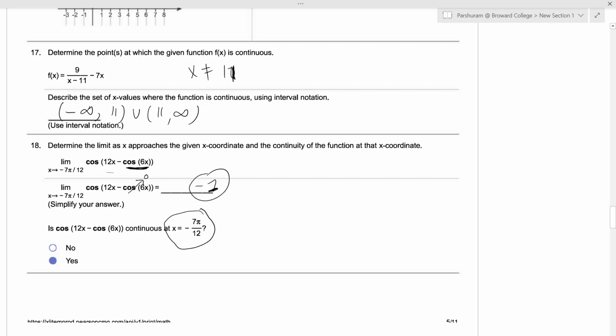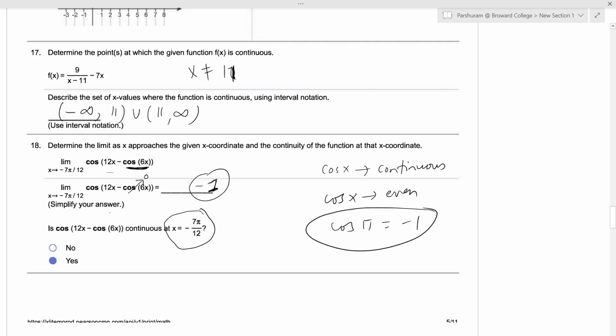Remember, when solving this problem, I used the cosine function as a continuous function. We know it's continuous everywhere, cosine is an even function, and cosine pi is -1. So I used these three facts.